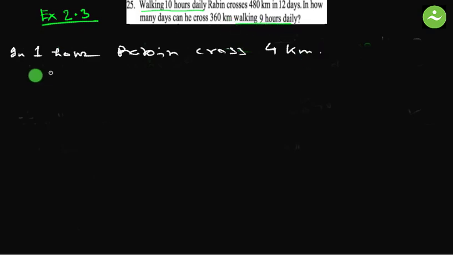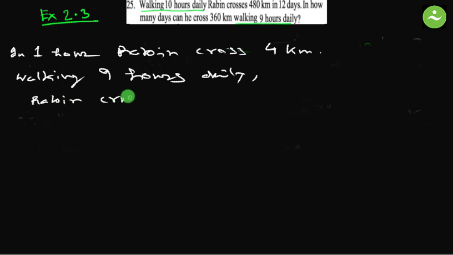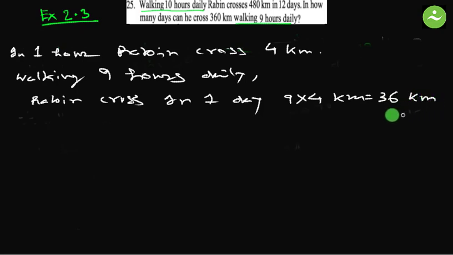Now when walking 9 hours daily, how many kilometers he crossed in 1 day? So Robin crossed in 1 day 9 multiply 4 kilometers equals to 36 kilometers. So he crossed 36 kilometers in 1 day.